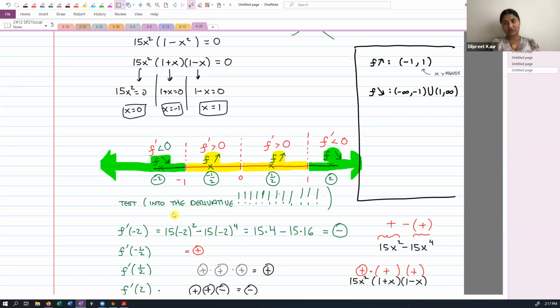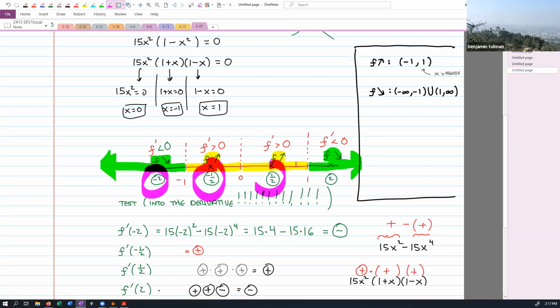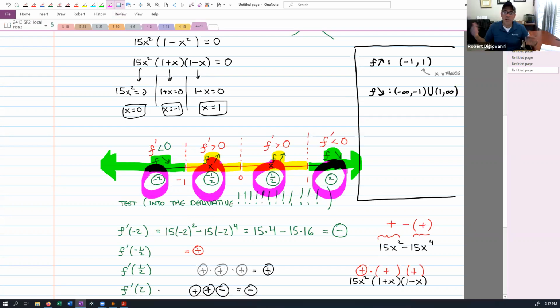To the original equation. What happens is students start doing this and they pick these test points and then they forget what they're doing and they go plug them into the original function. That's not what this is about. This is about plugging into the derivative to see if we're getting positive or negative.